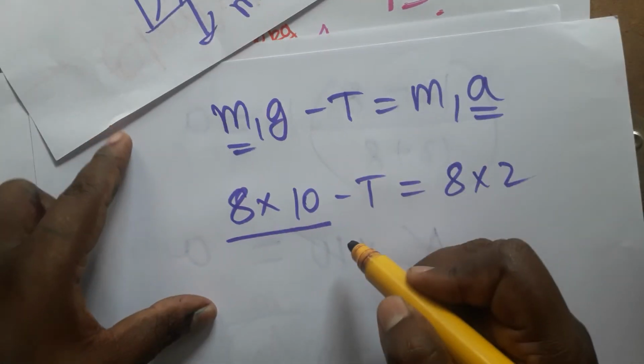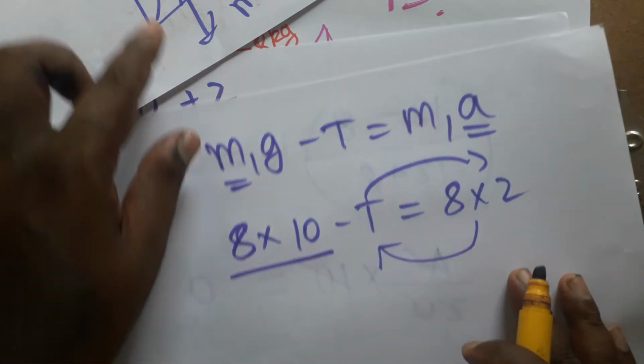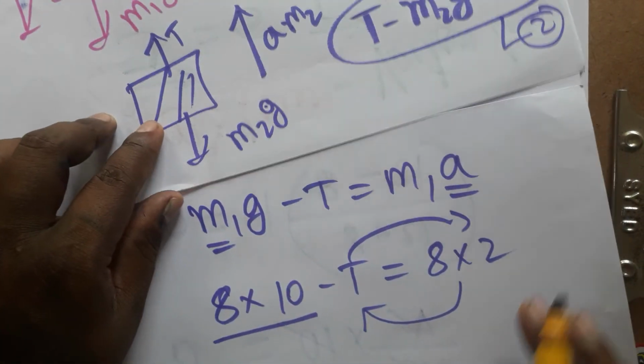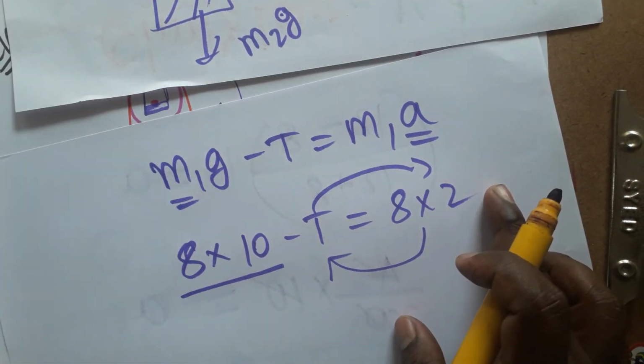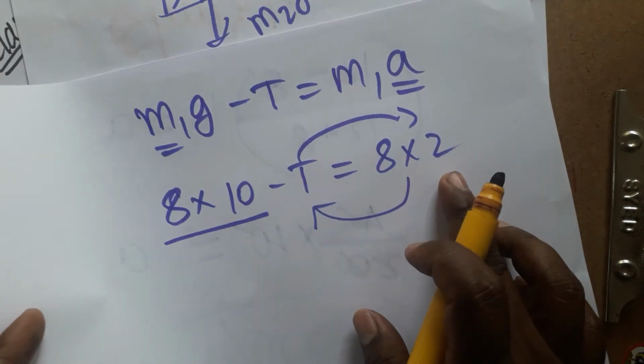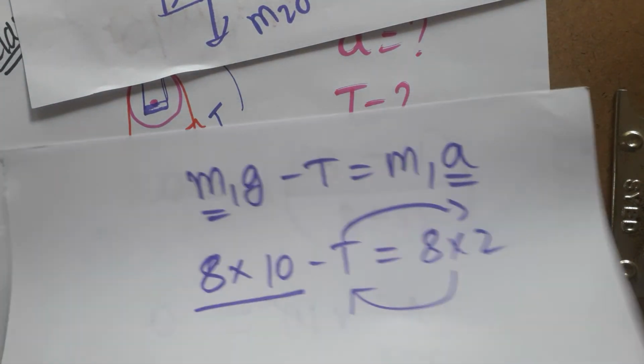So it is 80. Then T you can take this side, and this you can take to the other side. The tension from the left side, taken to the right side, is going to become plus.